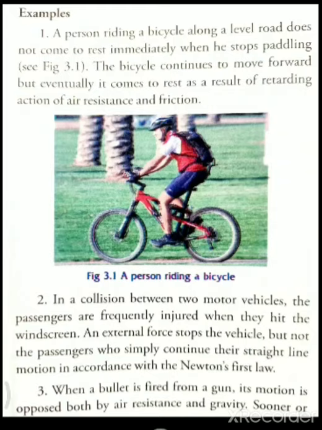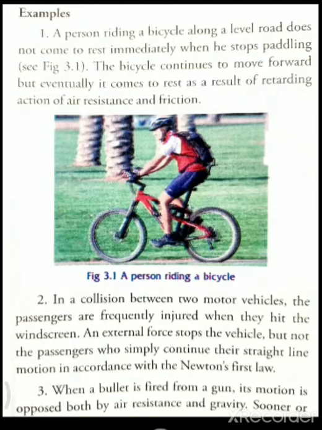If the passengers are sitting inside the bus or any vehicle and that vehicle is moving, at that time with the bus all the passengers are also in the state of motion. But suddenly some accident happened. An external force tried to stop that vehicle.